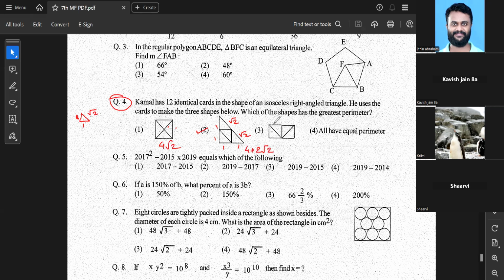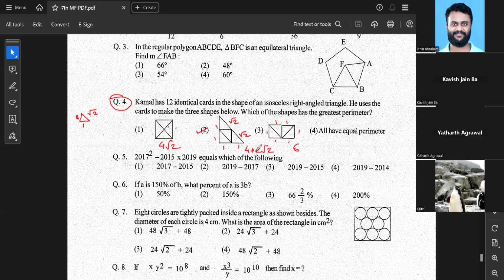And over here I have 1, 1, 1, 1, 1, 1, which is 1, 2, 3, 4, 5, 6. This is equal to 6 root 2, sir. Yes, this is the biggest. This is a little more than 6 because there is an additional root 2 over here. So hence I can say option 2 is having more perimeter.